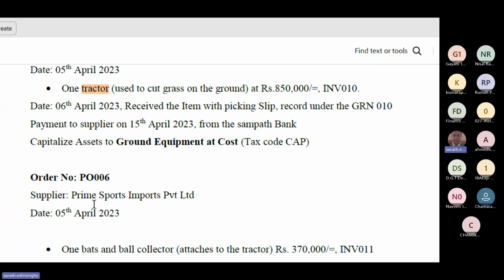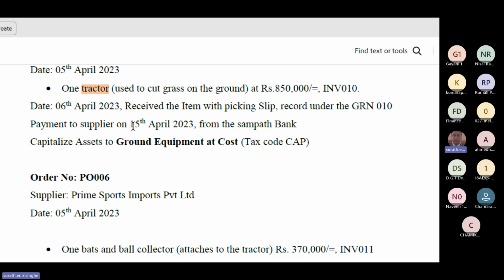Right? Where do I transfer? To the ground equipment. And also there's a payment. After paying this bill amount, SAP Cricket Club has legal ownership of this asset.